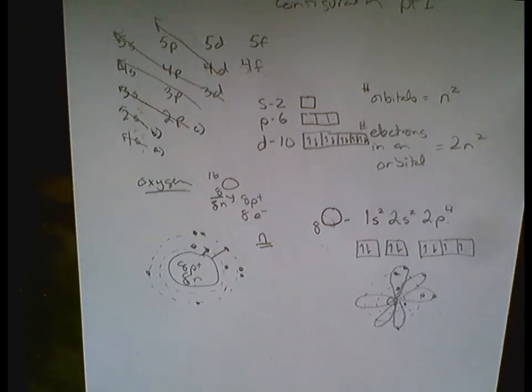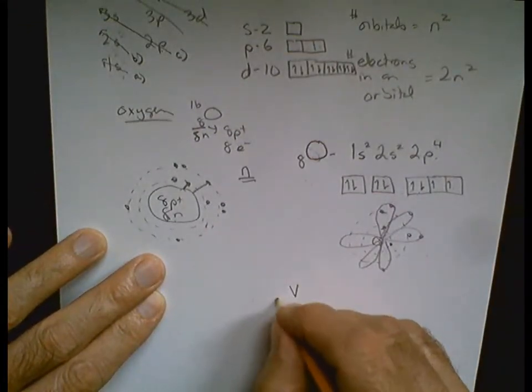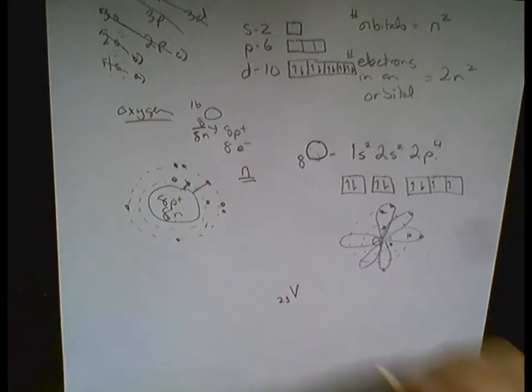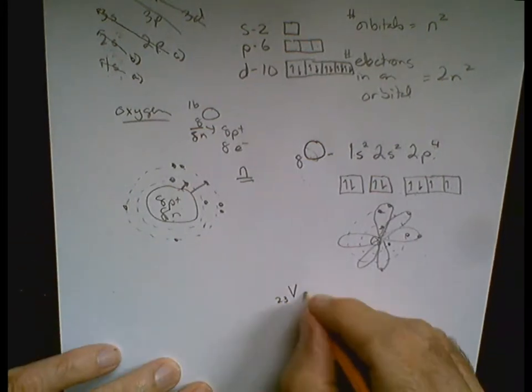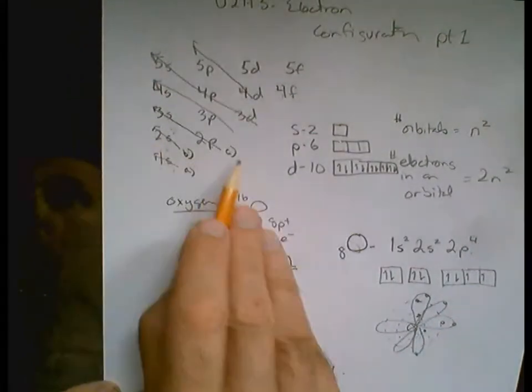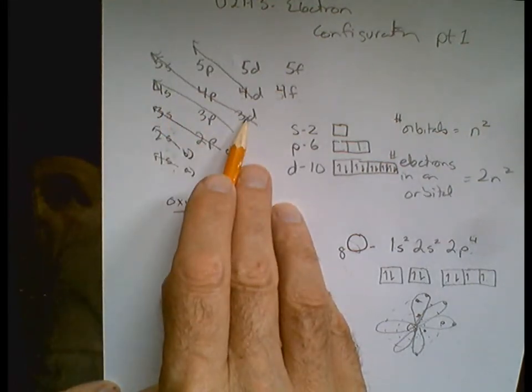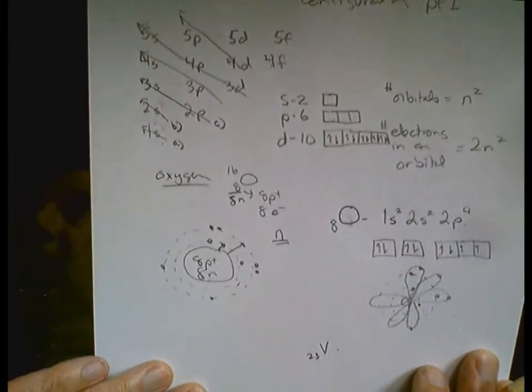I'm going to do vanadium 23. So if we go back here, we're going to go 1s2, 2s2, 2p6, 3s2, 3p6, 4s2, and then 3d is where the vanadium is.